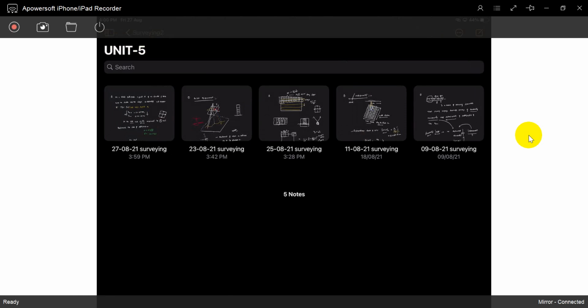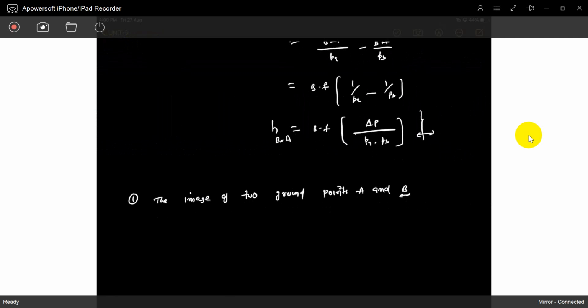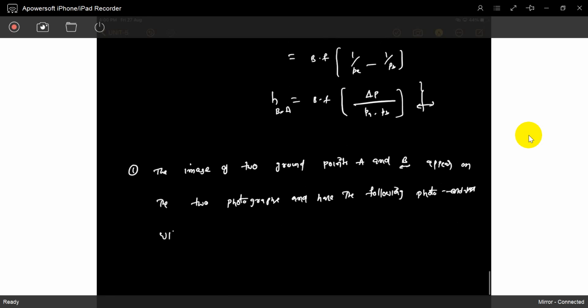So the images of the two ground points A and B appear on the two photographs and have the following photo coordinates with respect to the flight axis.